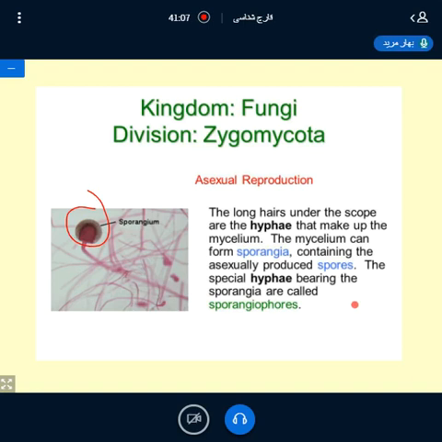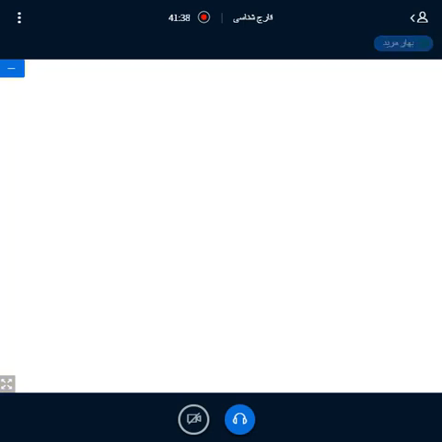The special hypha bearing the sporangia is called sporangiophore. This is the sporangiophore, and this is the sporangium, in which a very large number of aplanospores are produced.